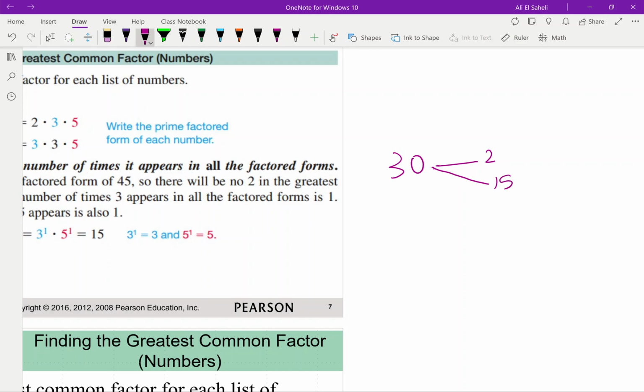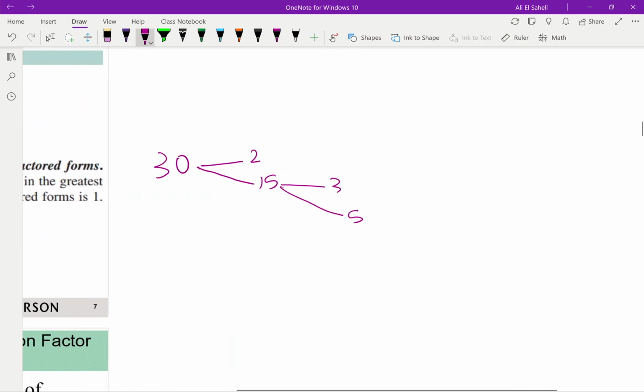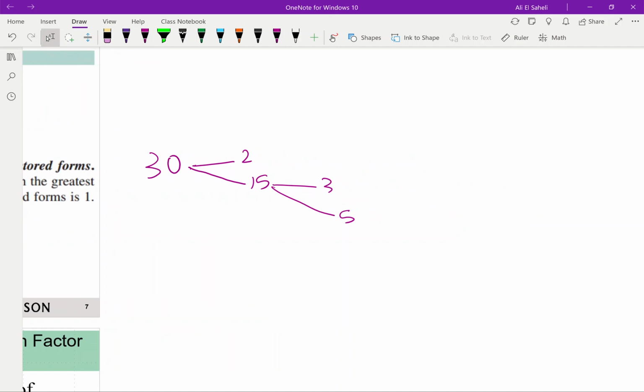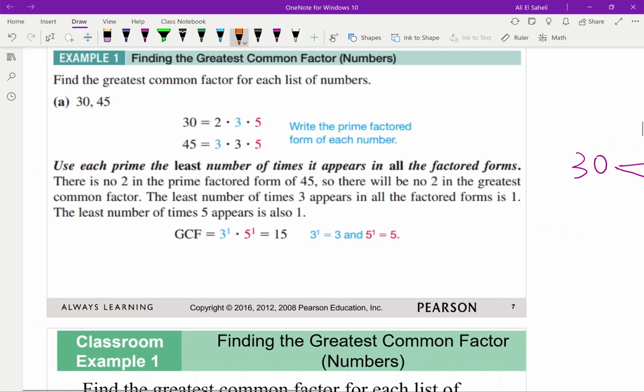And 15 is 3 times 5. We cannot go any further. So 30 is 2 times 3 times 5.